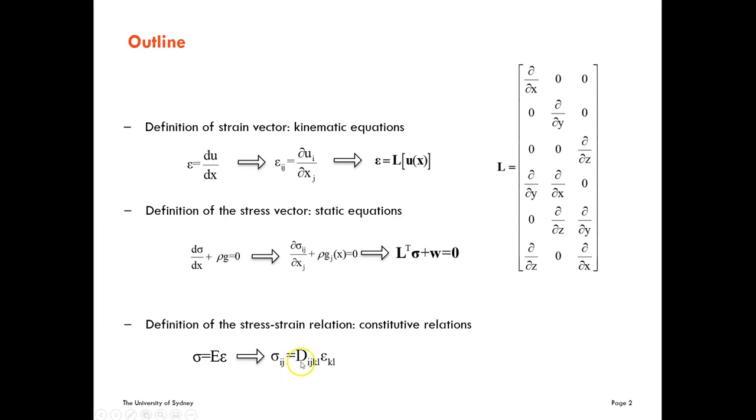This 4-rank tensor is like a matrix in the 4-dimensional space. So it's mathematically very complex. But if we define the strain and the stress like vectors, this can be written in a simpler way. So this is a vector, and D is going to be a 2x2 matrix. So we are going to see what is D and what are these vectors.